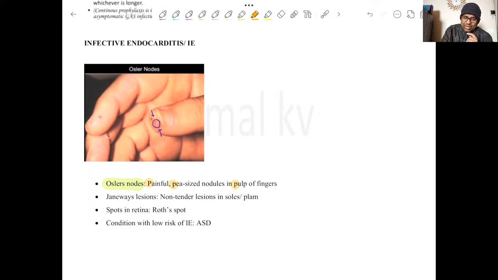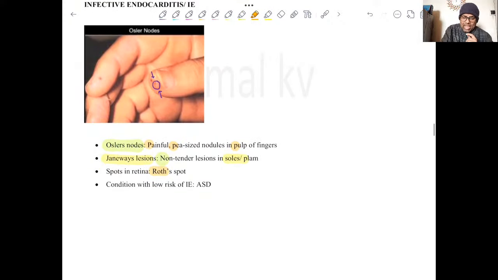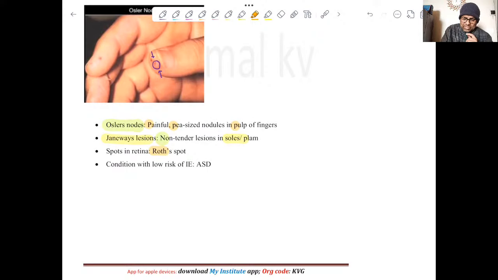Then another painless condition is Janeway's lesions, which are painless, and these are found in sole and palms. Then in retina we will see Roth spots, and the condition which carries less risk of infective endocarditis is ASD, because it is a low pressure shunt, right, from left atrium to right atrium.